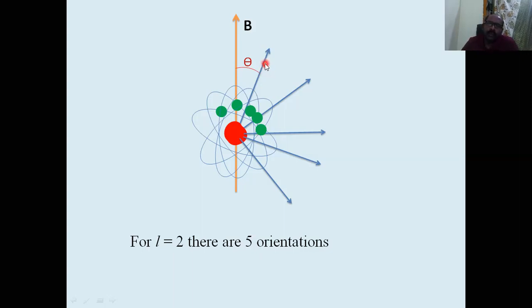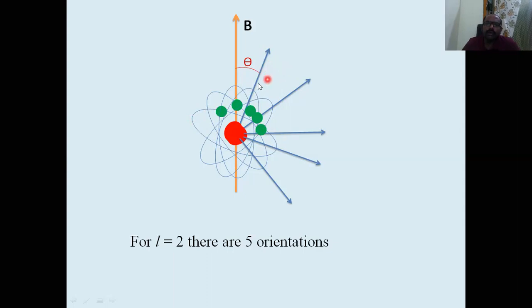There are 5 possible orientations in case of L is equal to 2. Therefore, it may revolve in this direction. If it is revolving in this plane, this is the plane normal, and it is also the direction of the angular momentum vector, let us say L bar.